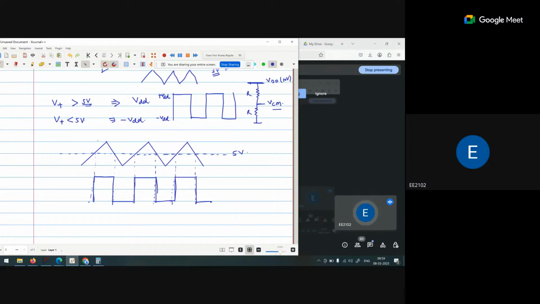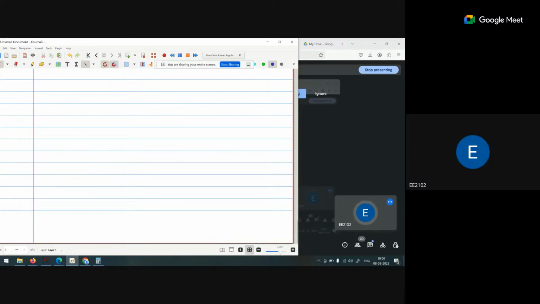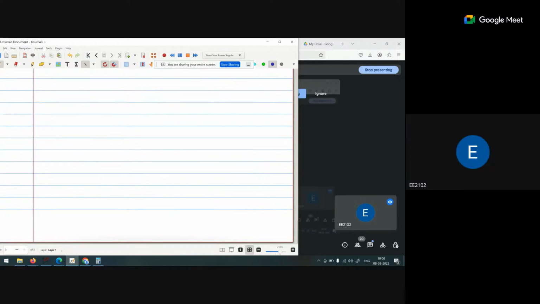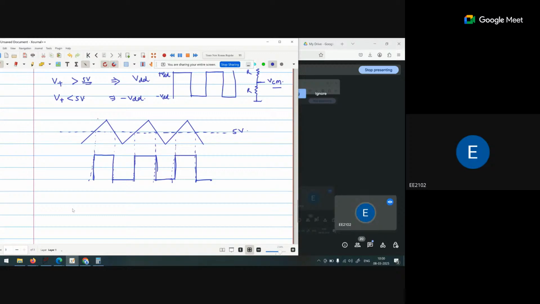If I consider that my ramp signal voltage lies from 0 to 15, so the VCM voltage, 5 volt, is here. It is one third, so it is here. If this is here, the duty cycle is changed.